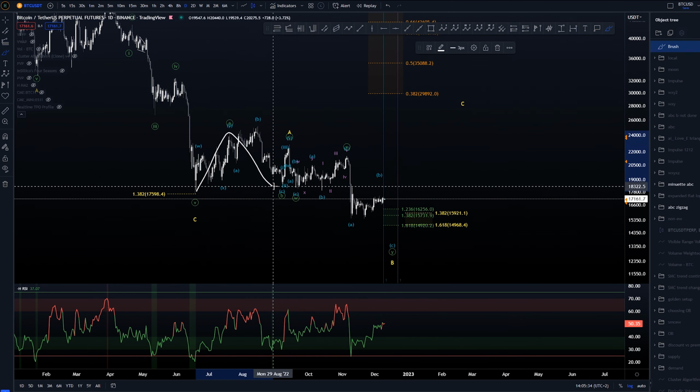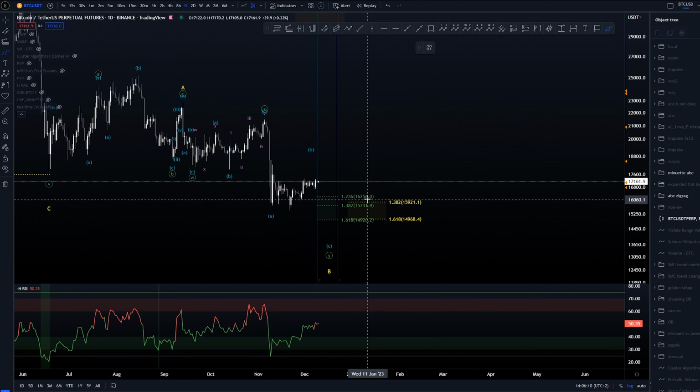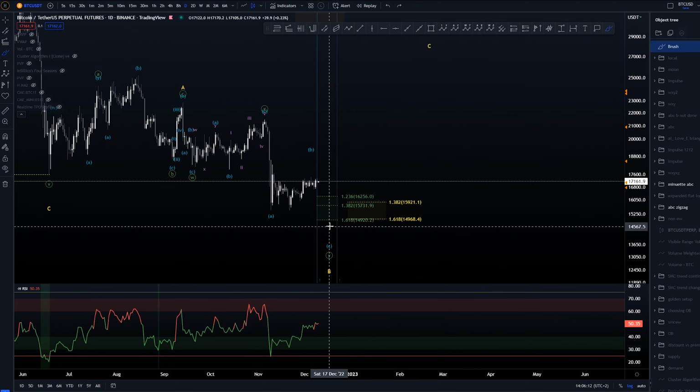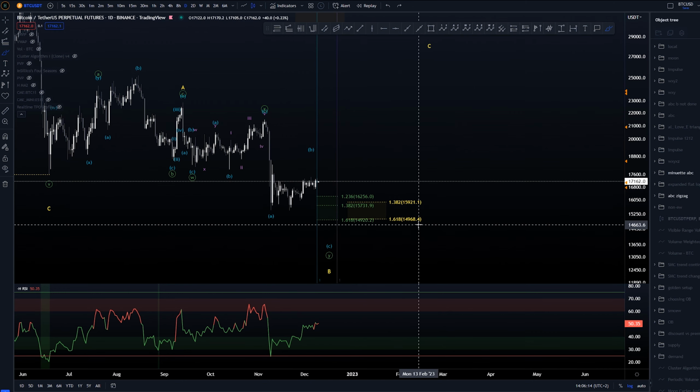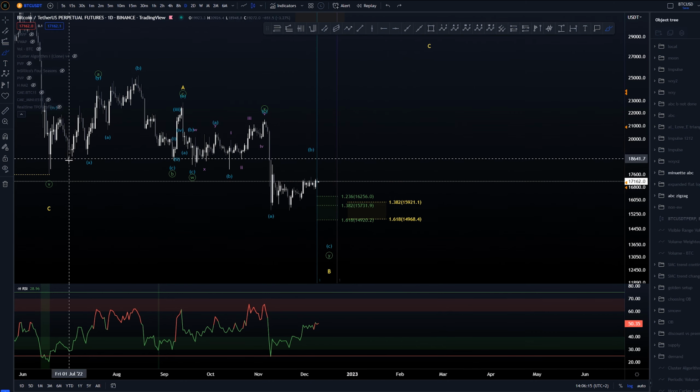The issue with this count, however, is that we would be getting very close to or beyond the 1.6 retracement. And if we do that, then I don't think this is possible anymore. If we are going beyond the 1.6 retracement of this A wave, as we have it here around 14.9k, then this is no longer valid. 14.3k is the max here on arithmetic scale and 14.9k on log scale.